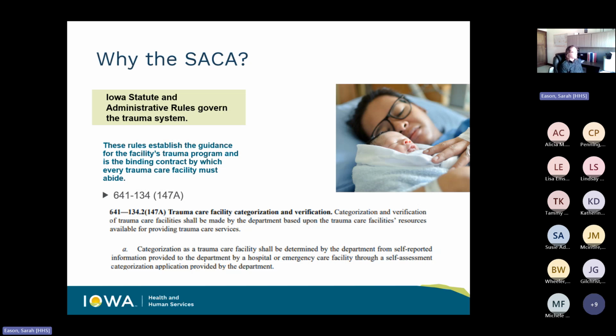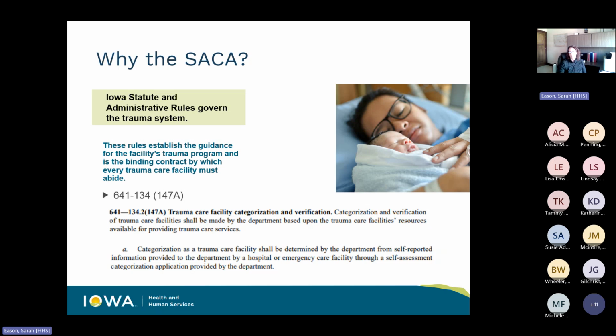Well, Chapter 147 of the Iowa Statute and Administrative Rules govern our entire trauma system. If you've heard Jill Wheeler or myself talk about the legislative rules or administrative code or any of that verbiage, in there is what talks about why Iowa is an inclusive trauma system. It talks about how we verify each one of those, what level means what.